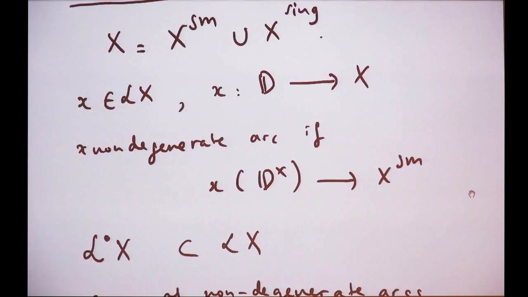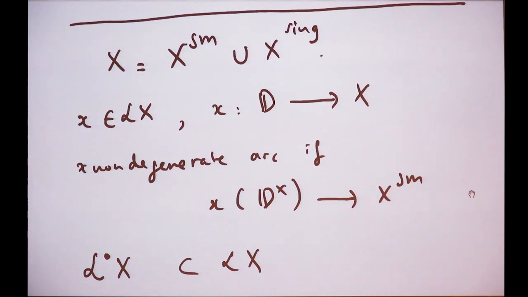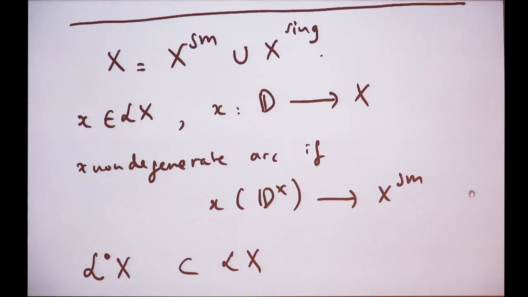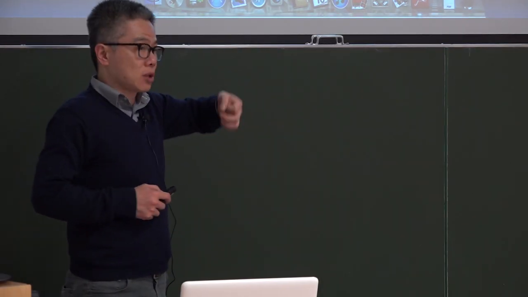You can decompose X into a smooth part, X smooth, and a singular part, right? And a point in arc space is a map from the disk to X, and I only look at the non-degenerate arcs that map the punctured disk to the smooth part.